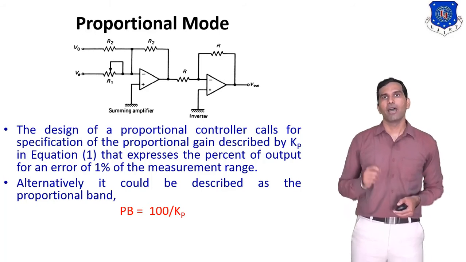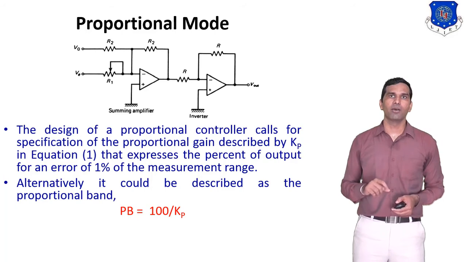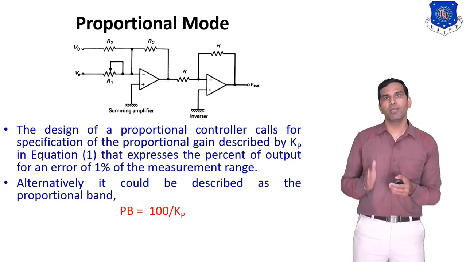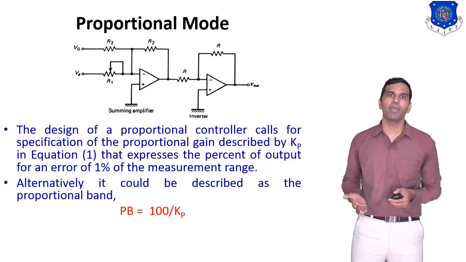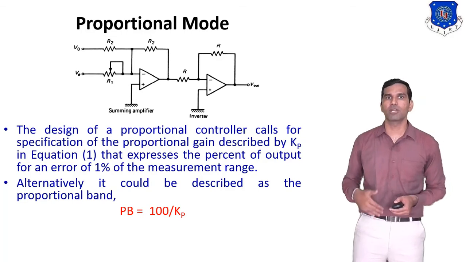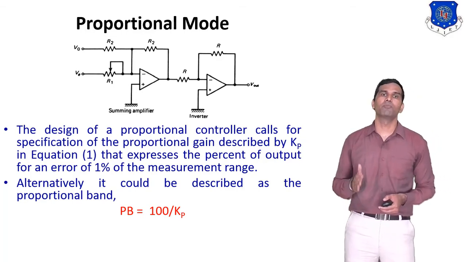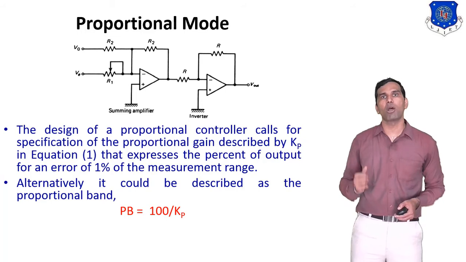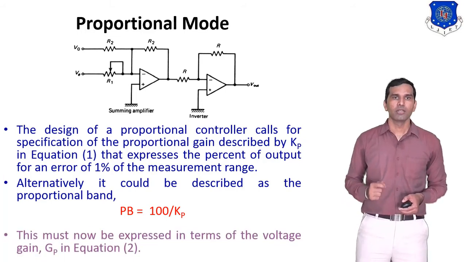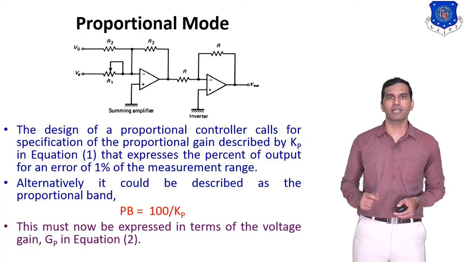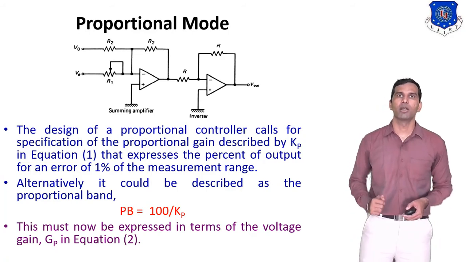So this is the equation for the proportional band. This is the relation between Pb, the proportional band, and Kp, the proportional gain. So we can write Pb = 100 / Kp. This must now be expressed in terms of the voltage gain Gp in equation number 2.